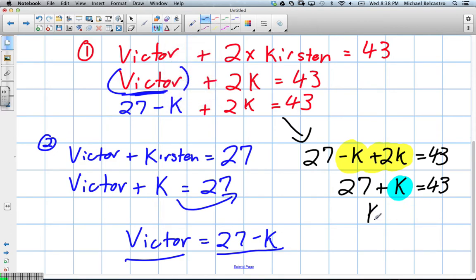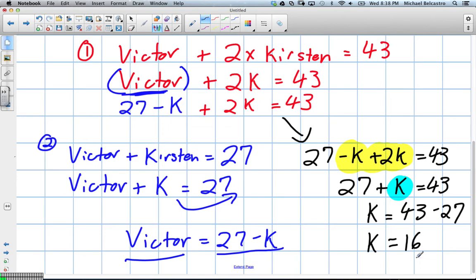27 minus... Oh, yeah, minus 27. 43 minus 27. That's right. We move it to the other side. So we subtract. And what do we get? Kirsten's age is equal to 16.